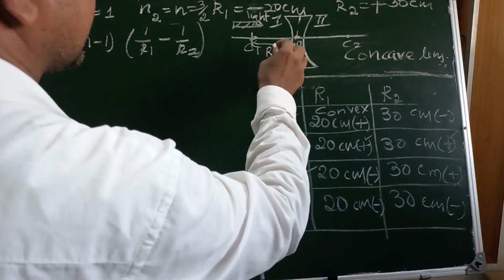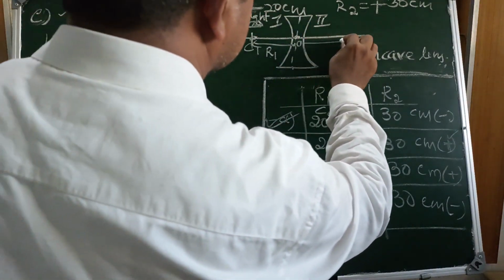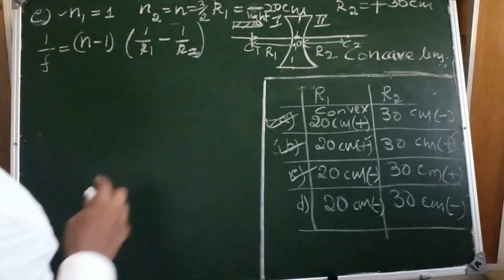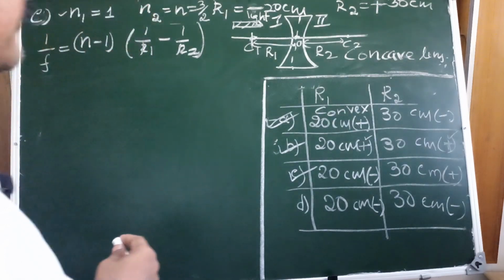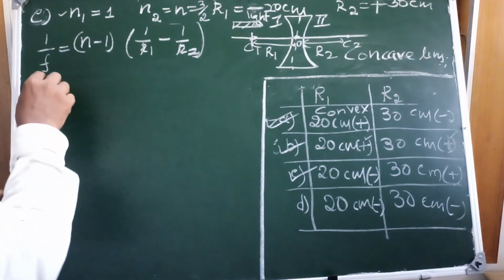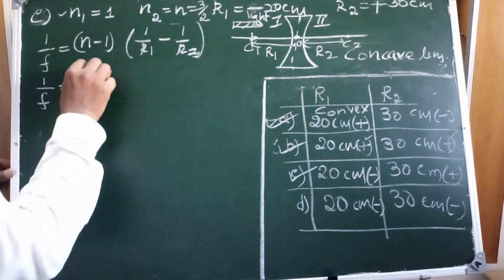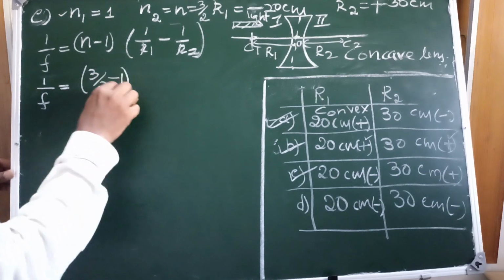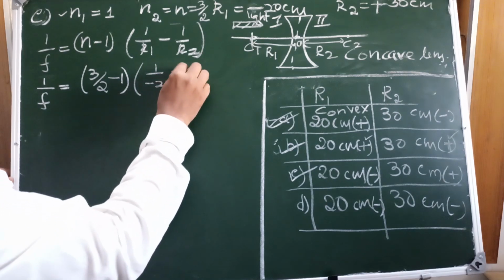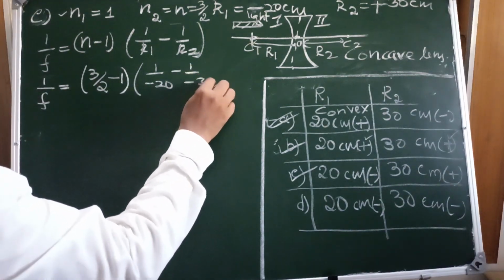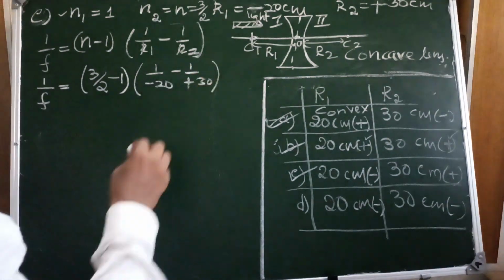Then R1 is negative here, R1 is minus 20, and R2 we are getting as plus 30 centimeter, and it is a type of lens, concave lens, diverging lens. Substitute everything here: 1 by f is equal to n is 3 by 2 minus 1, times 1 by r1, which is 1 by minus 20, minus 1 by r2, which is plus 30.